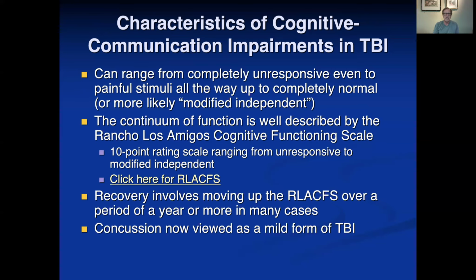They can be independent, even in going back to work, but they need extra use of their calendar and other written mnemonics to help them with their persistent memory deficit. The continuum of functioning for TBI, from extremely severe to very mild, is well described on this test that all SLPs know about. It's called the Rancho Los Amigos Cognitive Functioning Scale.